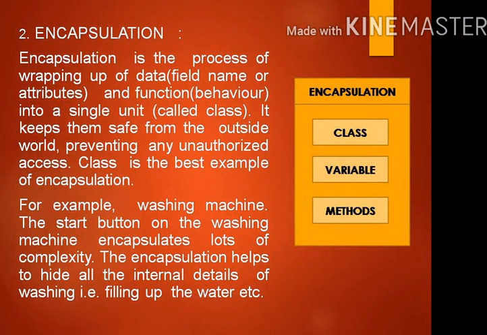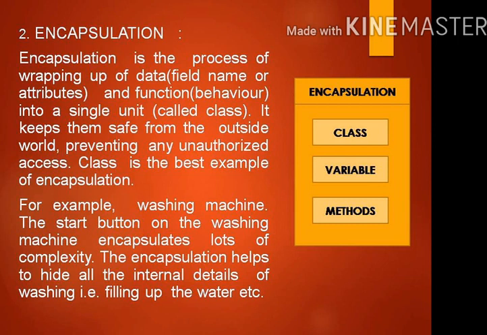The next slide is about encapsulation. Encapsulation is the process of wrapping up of data, field name or attribute, and function, behavior, into a single unit called class. It keeps them safe from the outside world, preventing any unauthorized access.